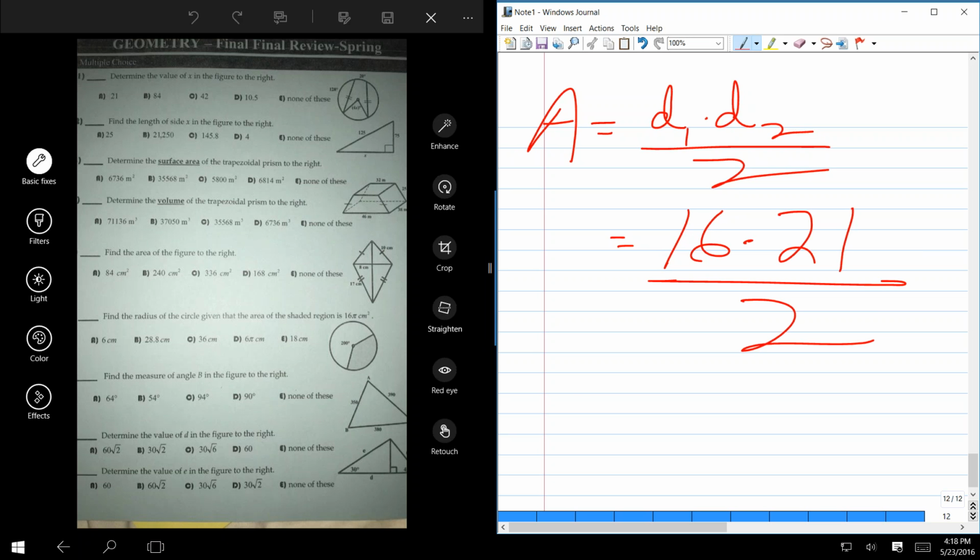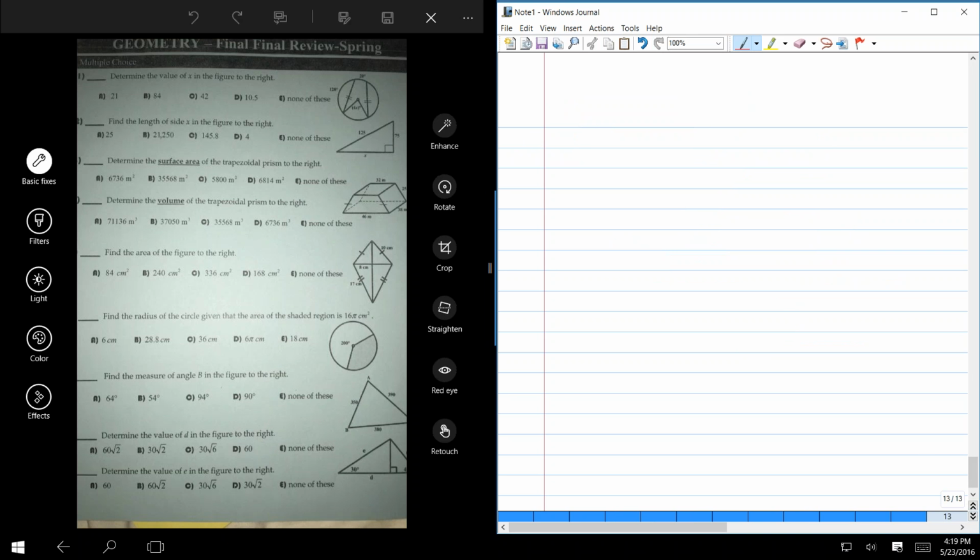So the short diagonal is 16, the big diagonal is 6 plus 15, and we're going to divide the whole thing by 2. Okay. It's the general equation.